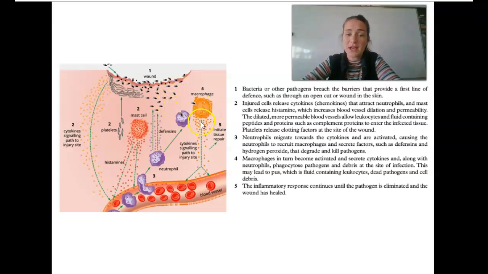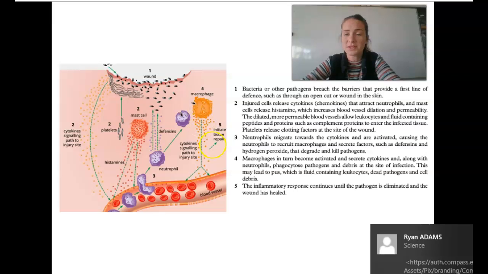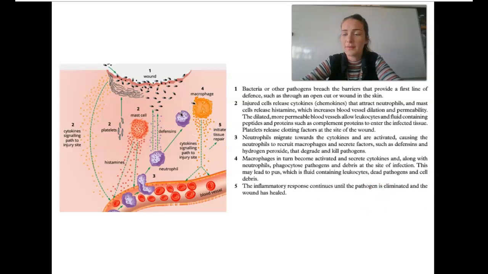The macrophages are releasing cytokines, which in turn encourage more and more second-line defenses to come to this site of infection. So this is effectively what pus is. When you see that response at the site of an infection, that is your white blood cells gathering and attracting more and more white blood cells to that site to get rid of the bacterial invader.